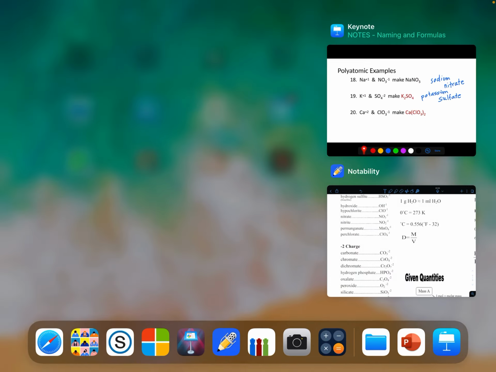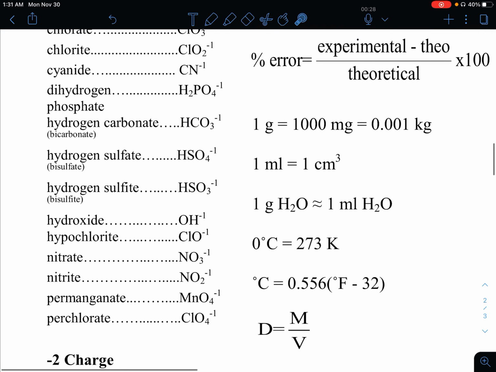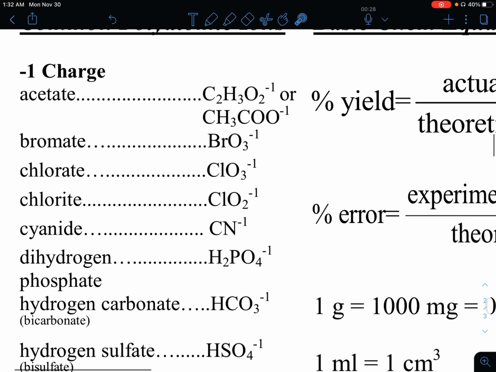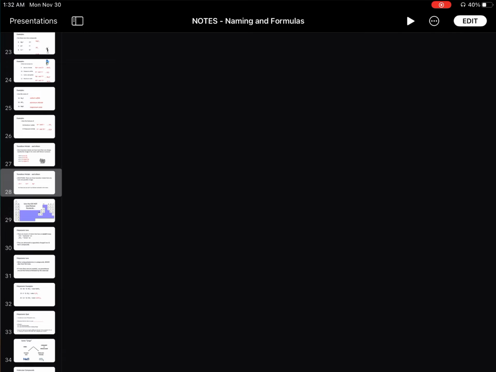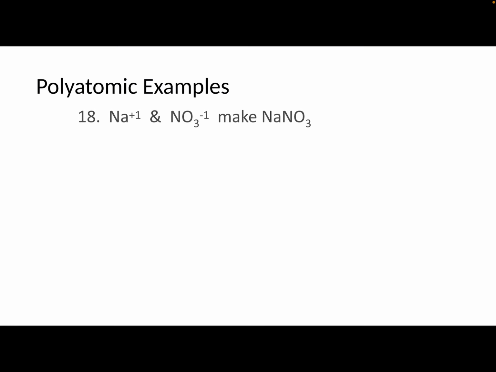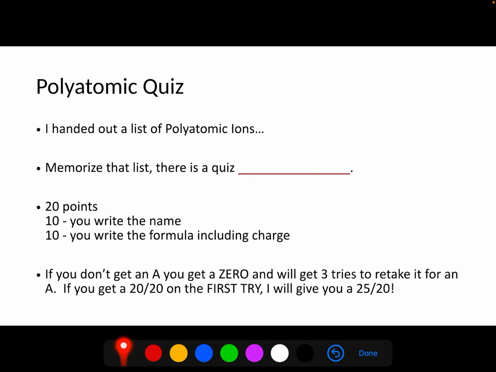And like I said, if you don't know what that is, you need to go to the back of the periodic table or go to your notes, find ClO3. There it is, and that's chlorate with a -1 charge. So the name of this one right here is calcium chlorate. And notice there's the 2 after the parentheses there.